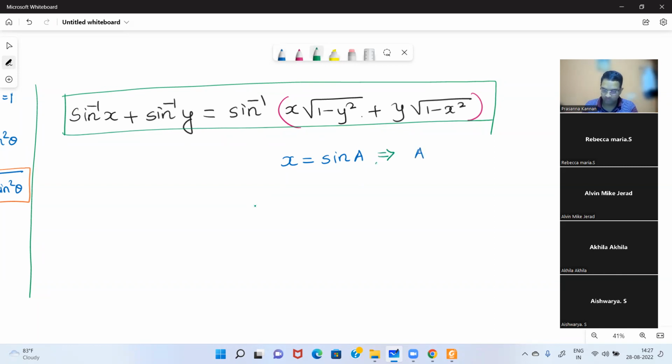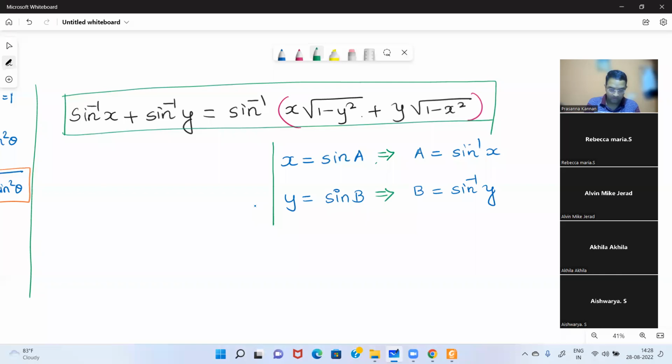Sine inverse x. Very good. A will be sine inverse of x. Similarly, we are going to substitute y as sine B. Then what will be angle B? Sine inverse of y. Absolutely.